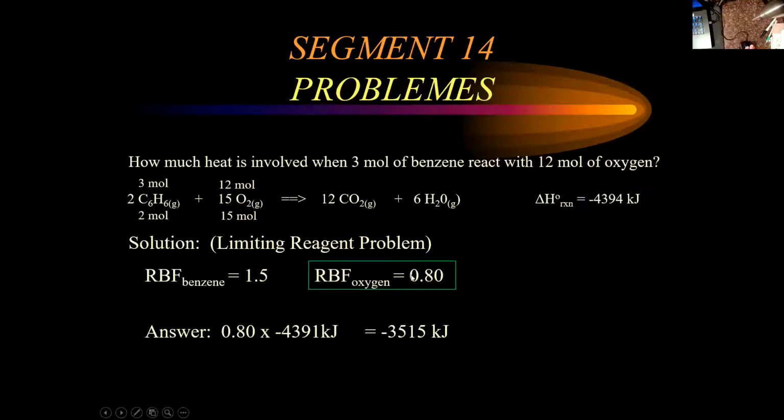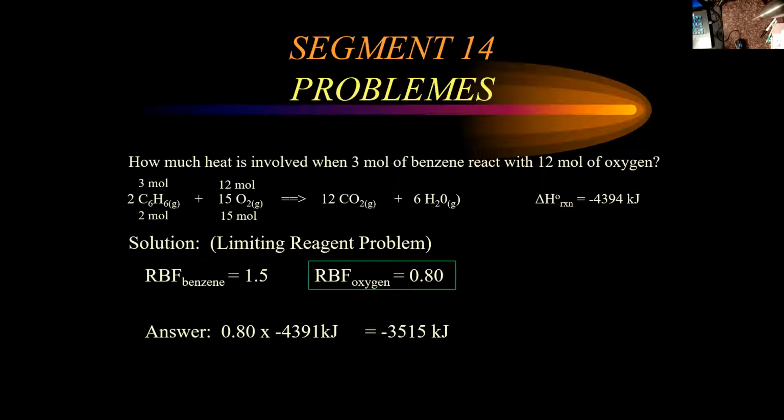So if I multiply the rebalancing factor times the negative 4394 kilojoules, that gives me negative 3515 kilojoules would be released or would be involved. I have to be careful about the language here, because if I tell you minus 3515 kilojoules is released, well, the release means it's negative, so minus 3515 released would be positive.